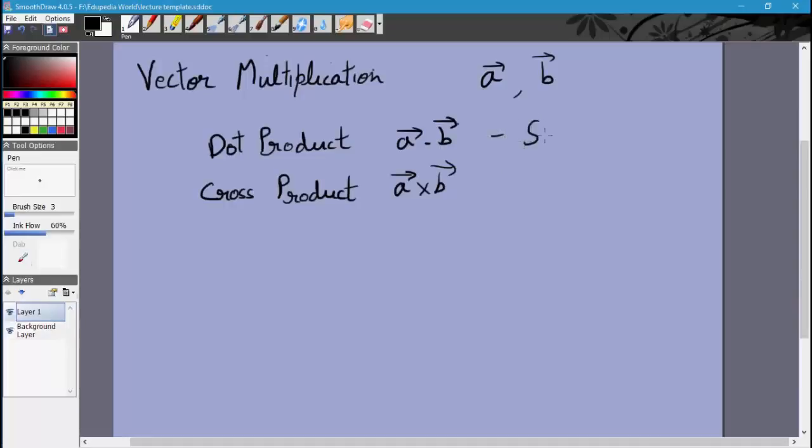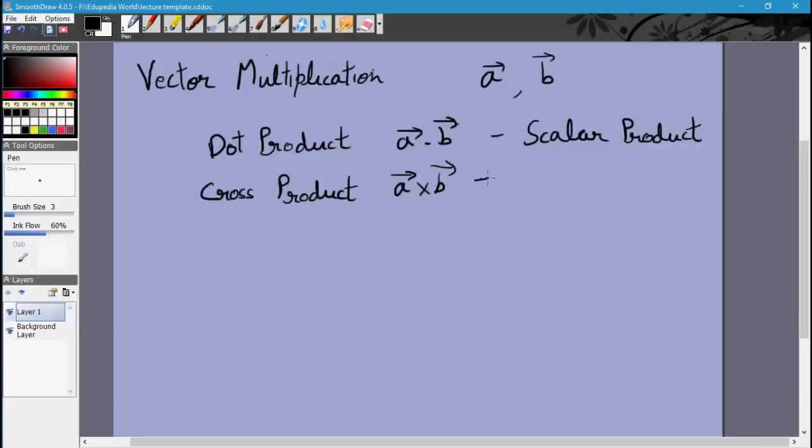The first one is also often called the scalar product because the result it gives is a scalar. If A and B are two vectors, A dot B will be a scalar. That means to completely specify A dot B, you only need to specify the magnitude of A dot B. You don't need to specify the direction because it doesn't have any.